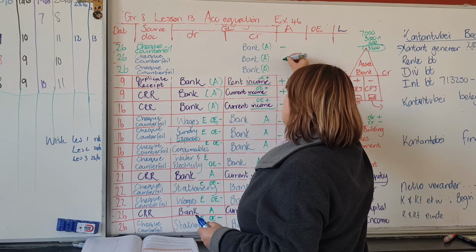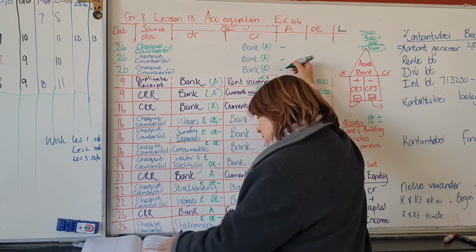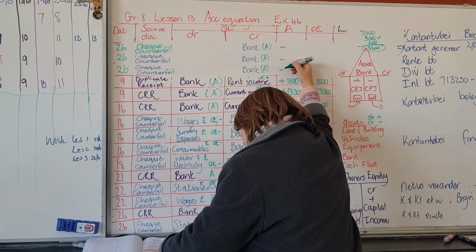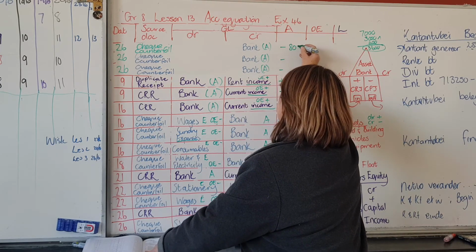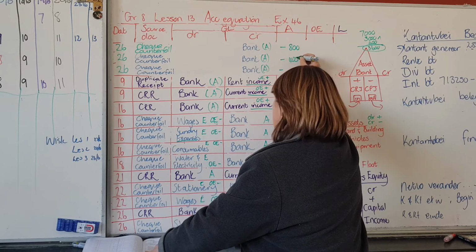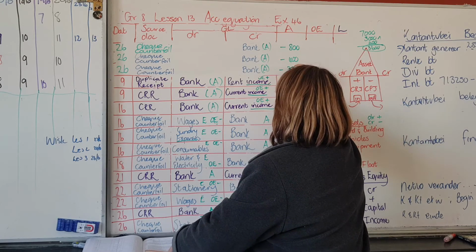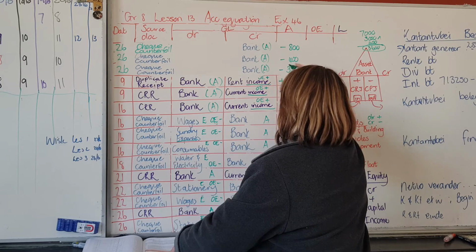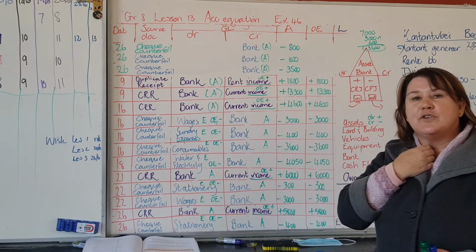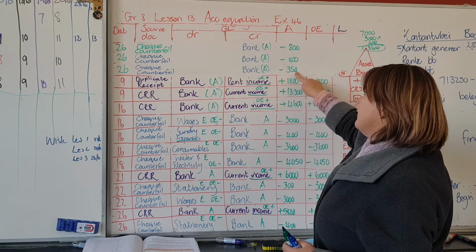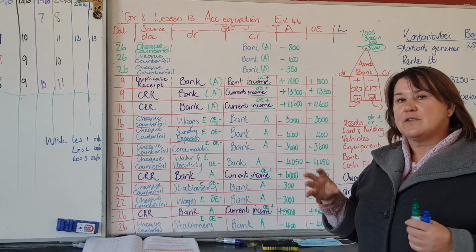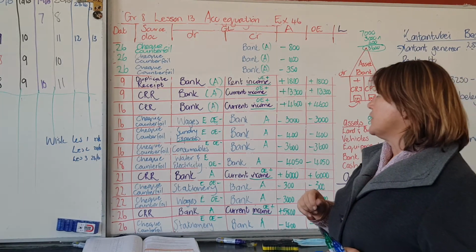My asset's going to decrease with an amount of 800 Rand, 400 Rand, and 350 Rand. And if you add that, it gives you 1,550. Right? That's the amount that your bank decreased with.